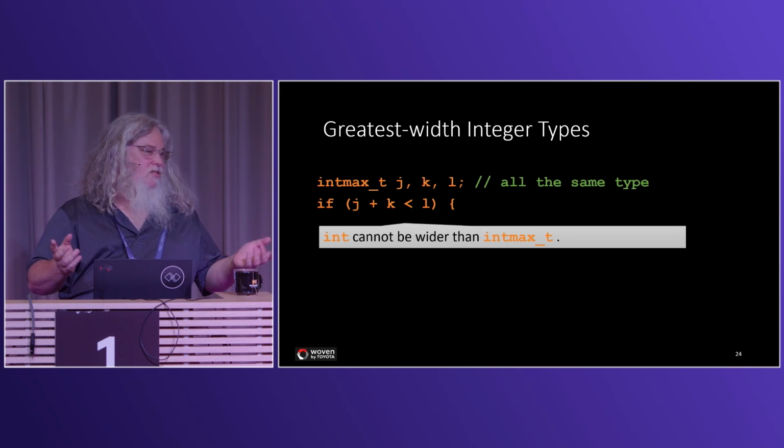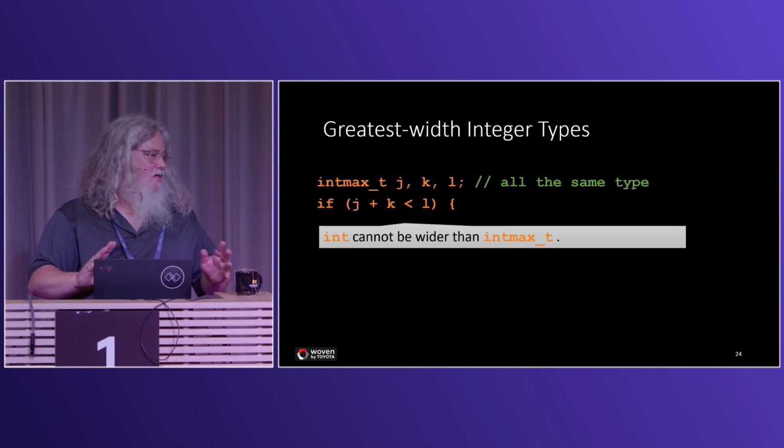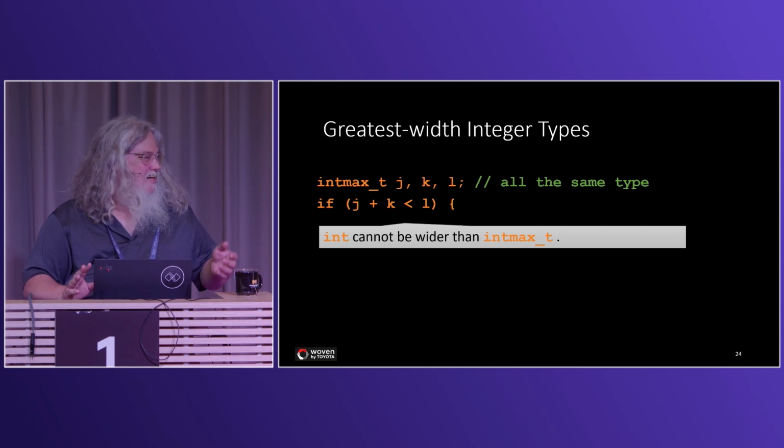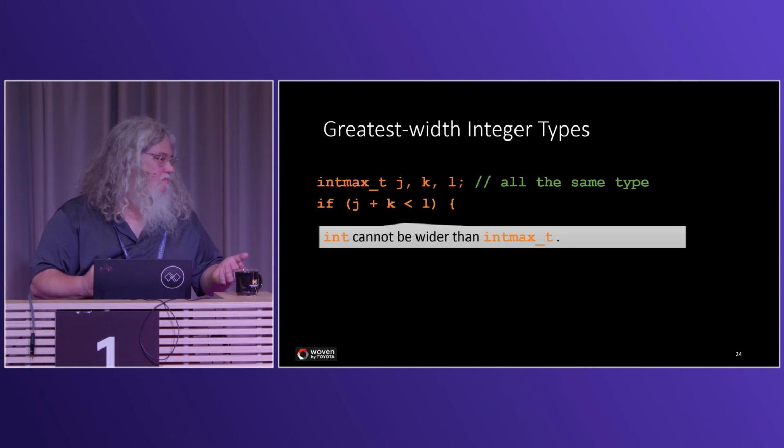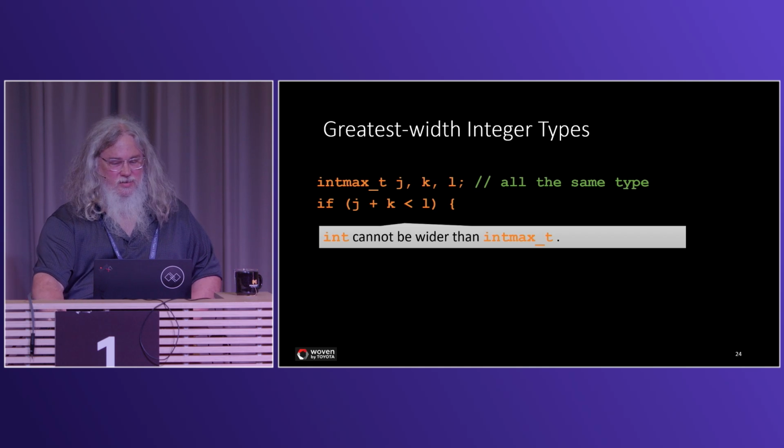So what compilers did in response to this was not introduce extended types at all, ever, right? And so just the existence of this type broke a basic language mechanism for extending the use of integer types into the language.